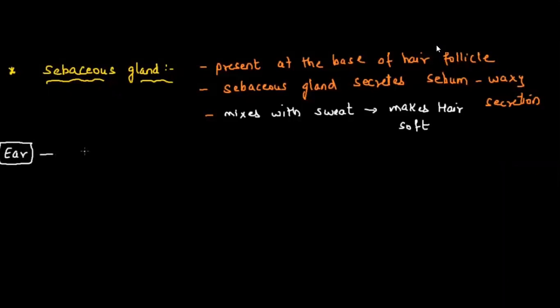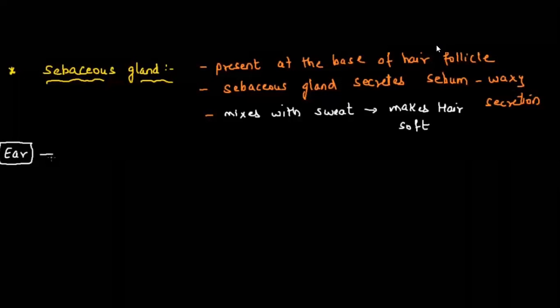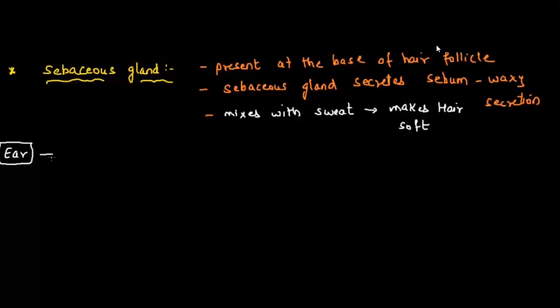Next is the ear. Your ear consists of a specialized gland called the ceruminous gland, which secretes wax. This ceruminous gland normally produces white wax, but when we clean our ear, we get brown colored wax.